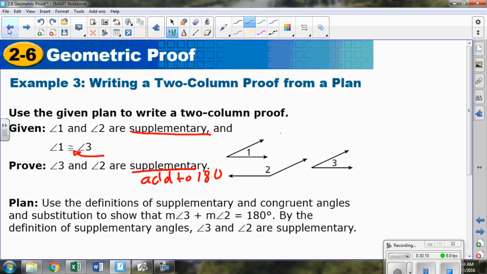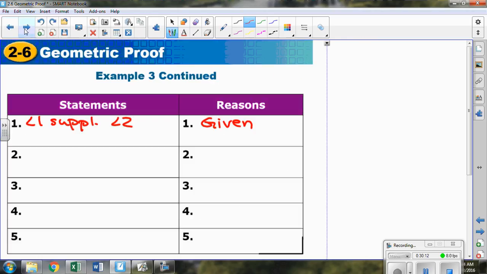We were also given angle 1 is congruent to angle 3. So what do those things mean? We can use the definition of supplementary and create something. What does that mean? Supplementary angles tell us that they have to add up to 180.